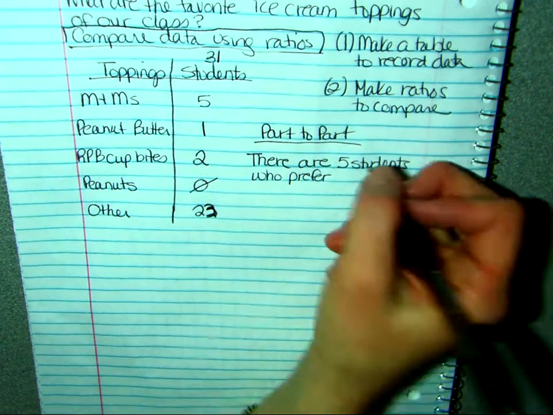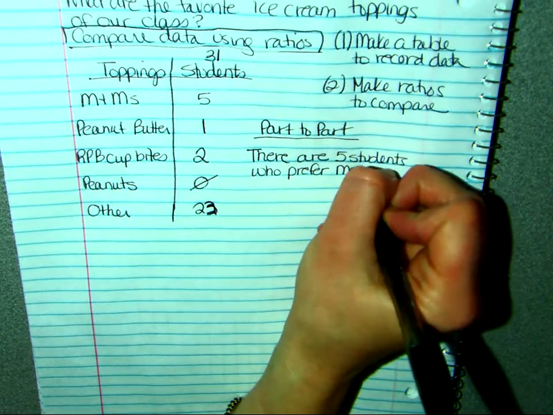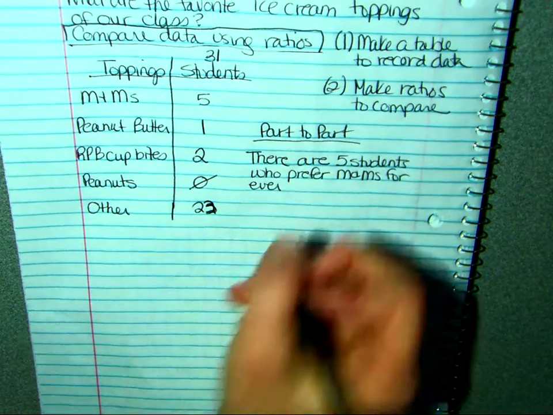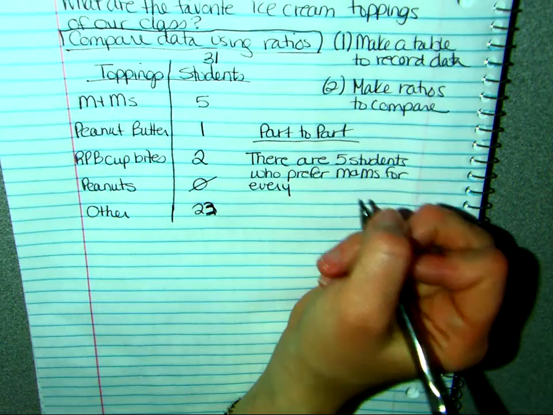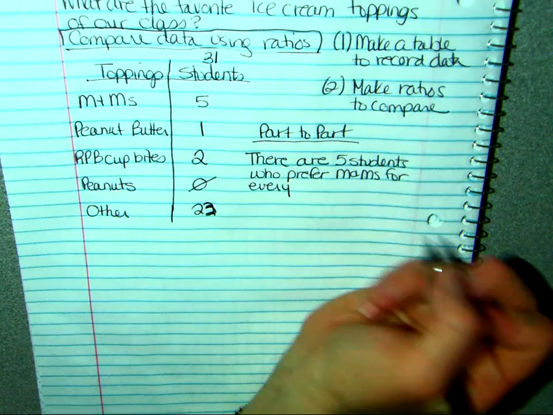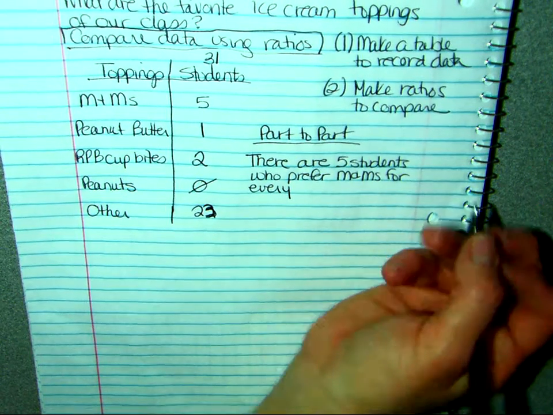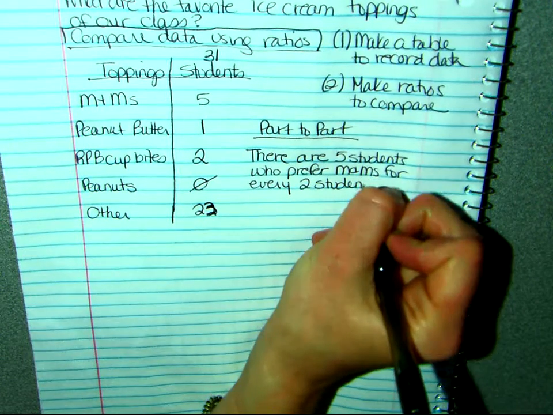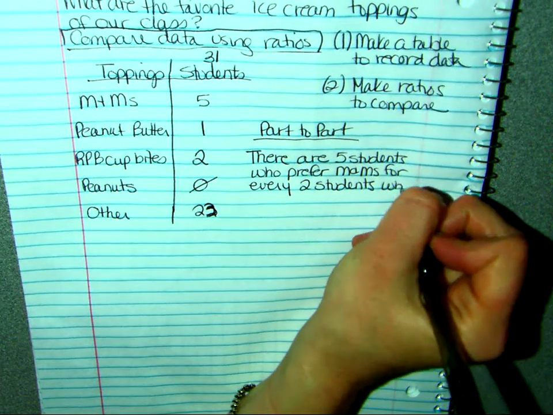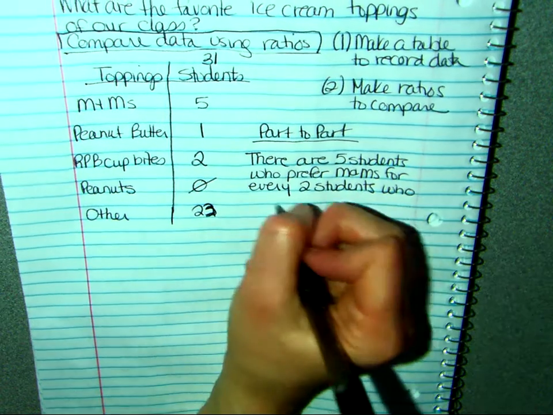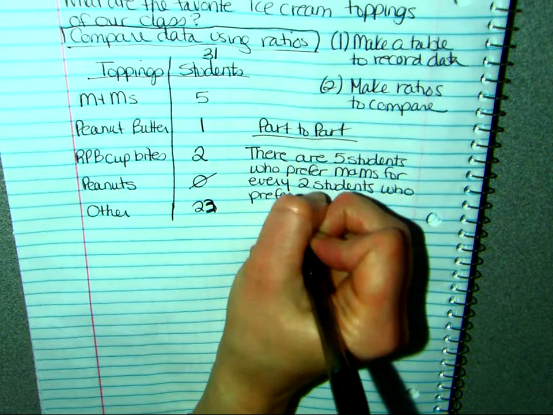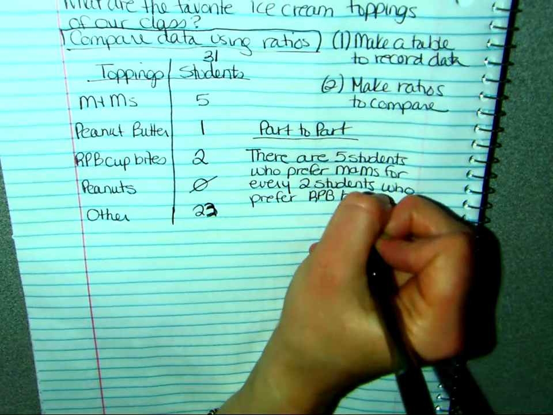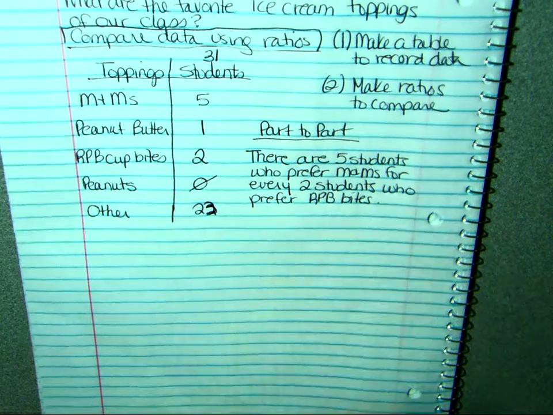There are 5 students who prefer M&Ms for every 2 students who prefer Reese's peanut butter cup bites. Okay.